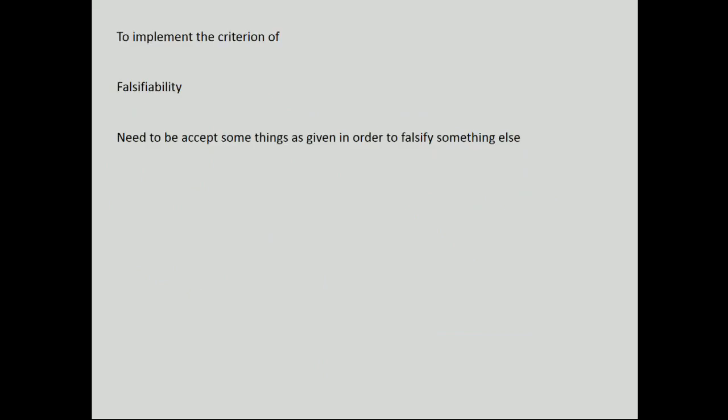So the point is here, to implement the criterion of falsifiability, you need to accept some things as given in order to falsify something else. And of course, the process of accepting some things as given may involve further tests. It might involve norming studies, testing that the manipulation of adversity creates adversity, and so on. So this might involve a bit of work, but there comes a point when you say, we've tested it enough, I do accept the auxiliaries.